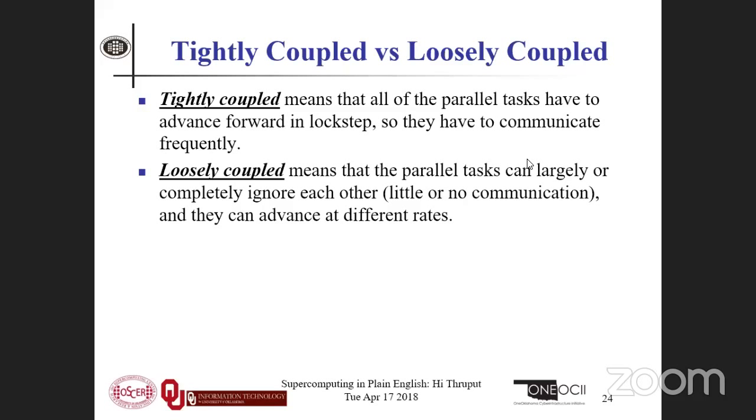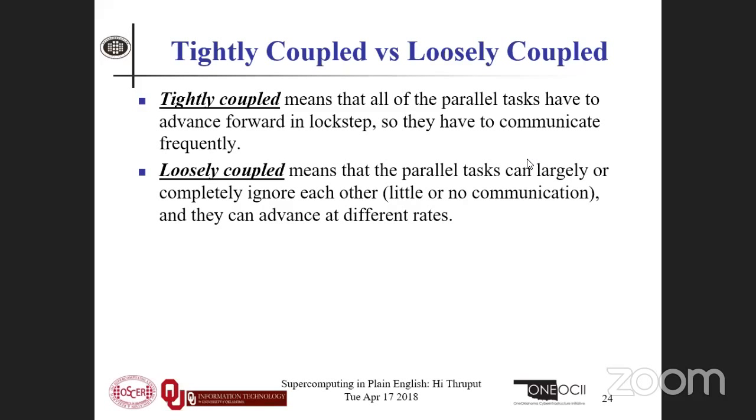Whereas in a loosely coupled application, you can have many different things happening at the same time, but oftentimes you don't care at all where they are in the calculation. Or if you do, you only care about that from time to time. It's not a constant worry the way it is in a tightly coupled application. In a tightly coupled application, every part of it has to be in lockstep with every other part.